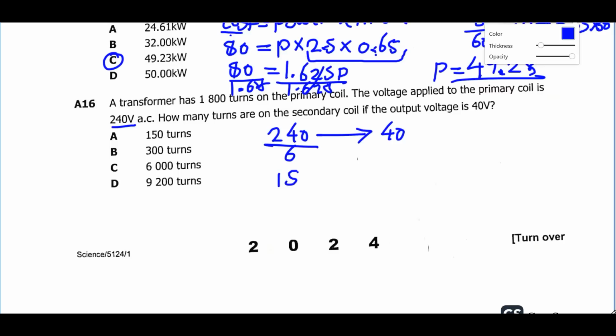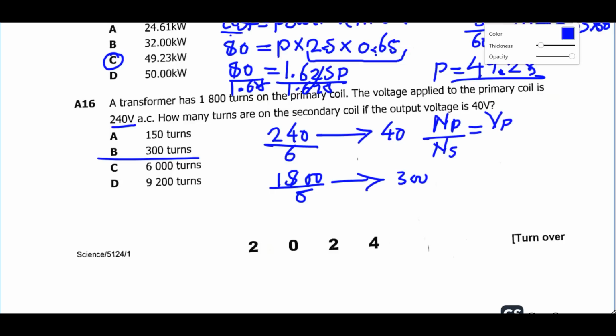What of 1800 divided by 6? This will give us 300. So the answer is this one. Or if you want, you can use this formula: number of turns on the primary over number of turns on the secondary is equal to voltage on the primary over voltage on the secondary. Number of turns on the primary is 1800. Number of turns on the secondary is what we are solving for.